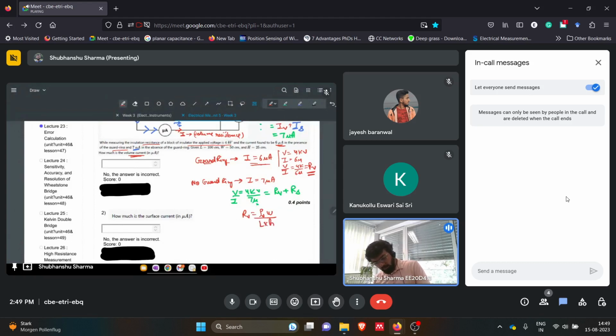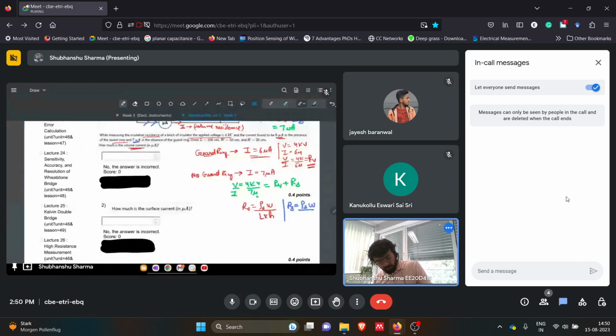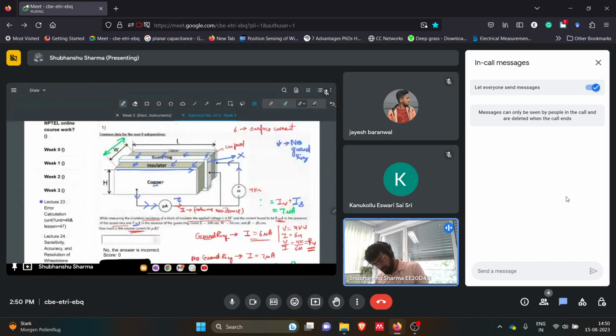Now the RS will be rho S, and now this width is 2W, and then we have the periphery, 2 times L plus H. The periphery of this one, these and this, so 2 times.